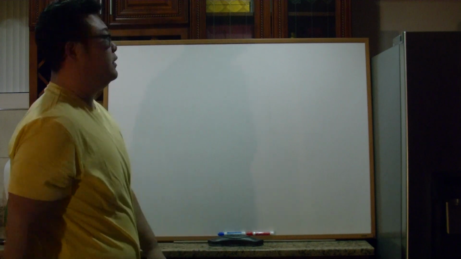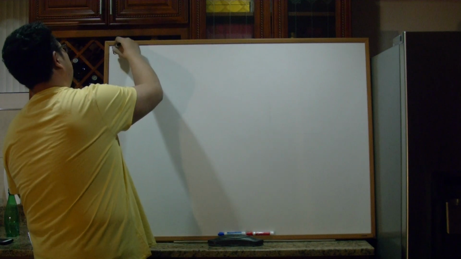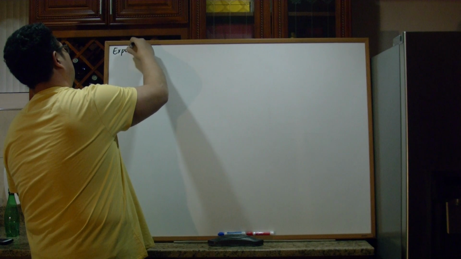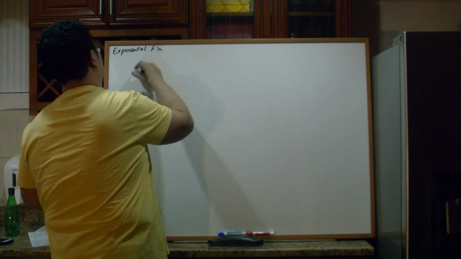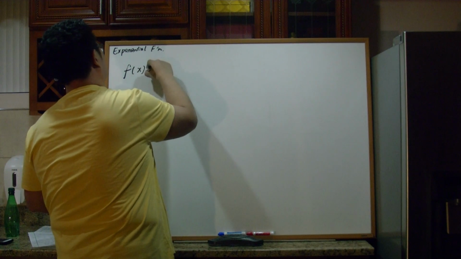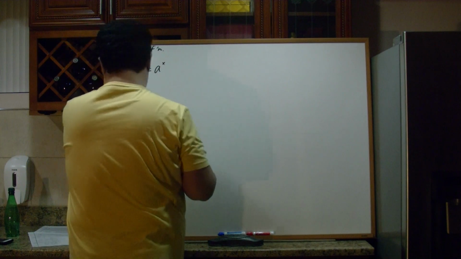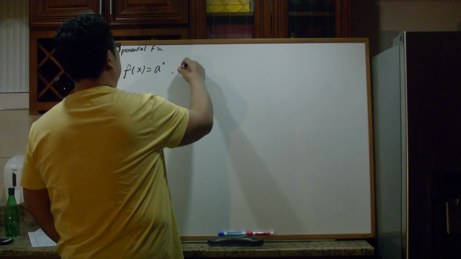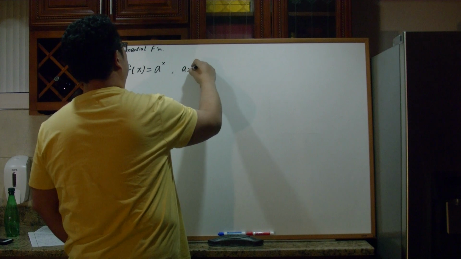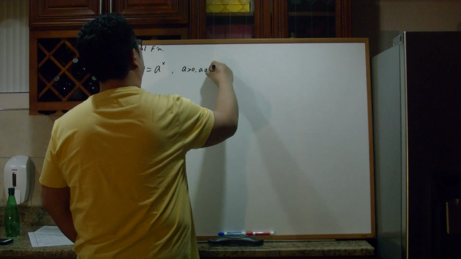And some other thing we'll see is the exponential function, such that f of x equals a to the x. That condition is a needs to be bigger than 0 but not equal 1.